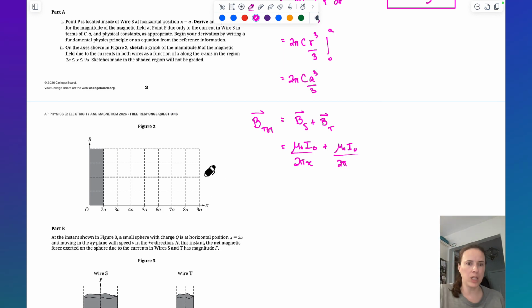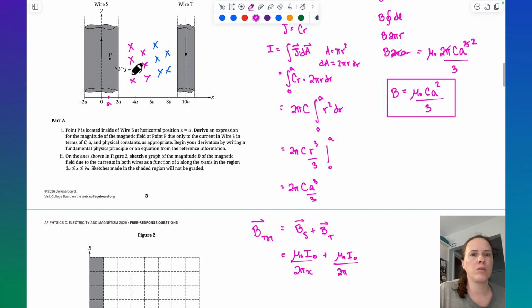Now the tricky part here is that we're measuring it from 10a. For wire S, the distance from the center of S to that point is just r, or x, wherever I'm at.